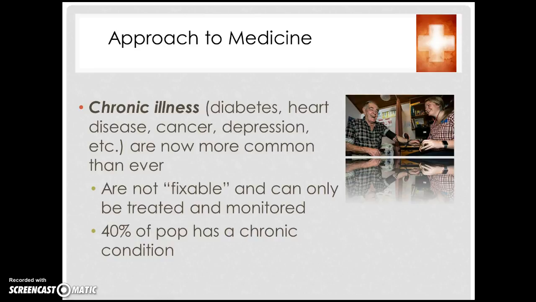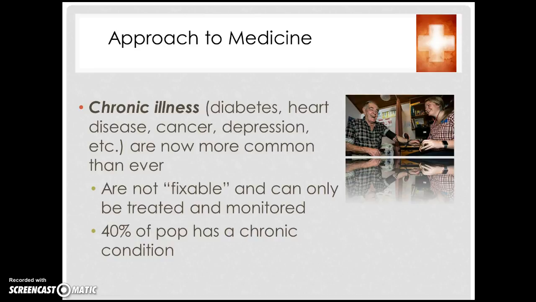About 40% of the population, almost half of us in the United States, especially the older we get, suffer from some sort of chronic condition that has no cure or end in sight, but has to be treated through a number of different processes. So our hospitals, and our doctors and professionals, are best suited for acute illness.